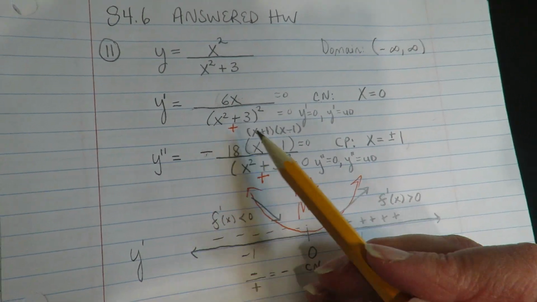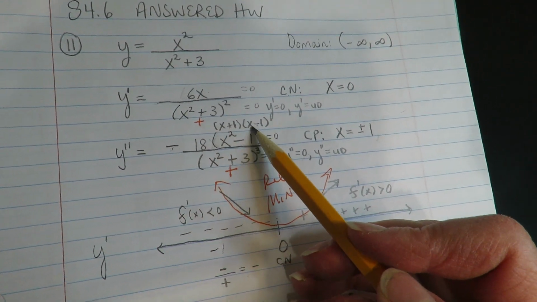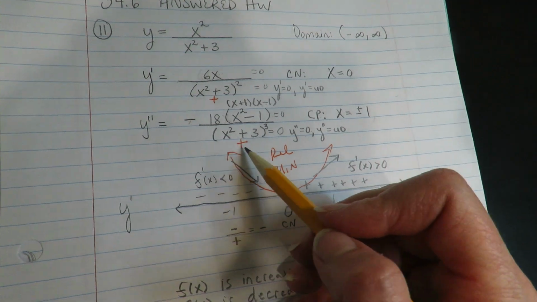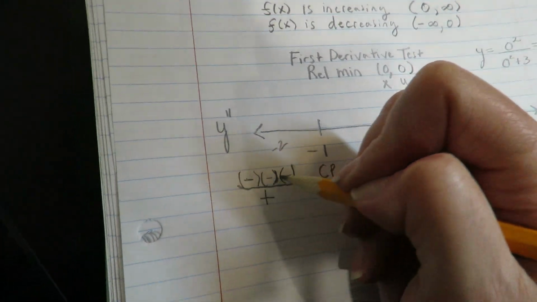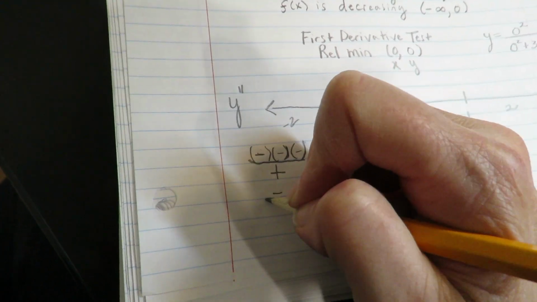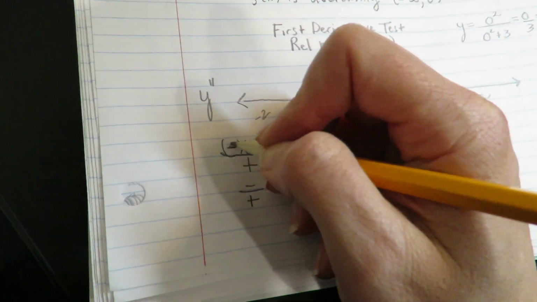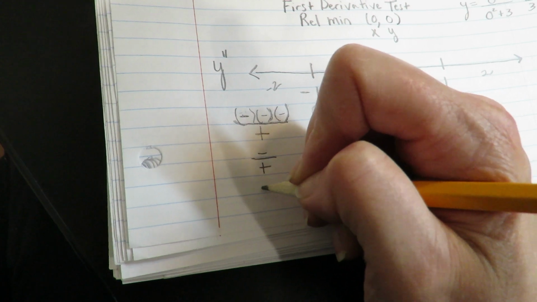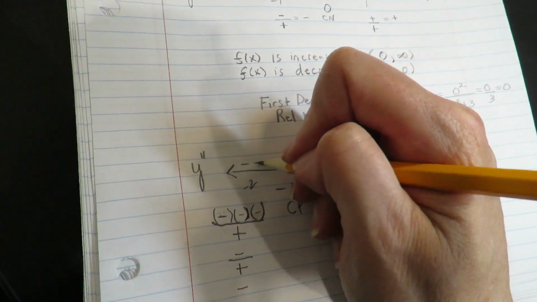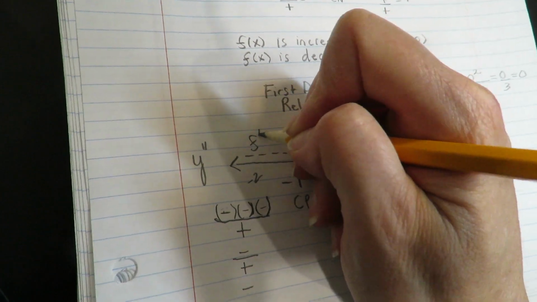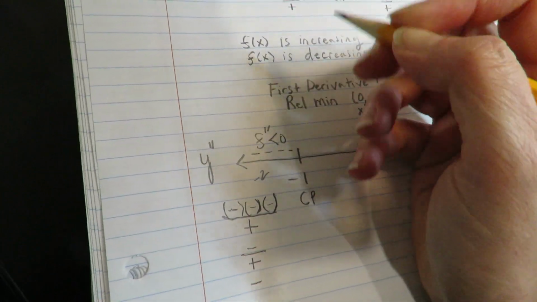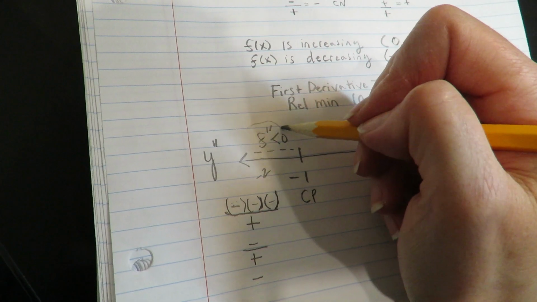I counted, this is a negative, -2 in here is negative, -2 in here is negative. The bottom is always positive. So 3 negatives make a negative, so a negative over positive is negative. So this segment right here is negative, which means this part is going to be concave down.